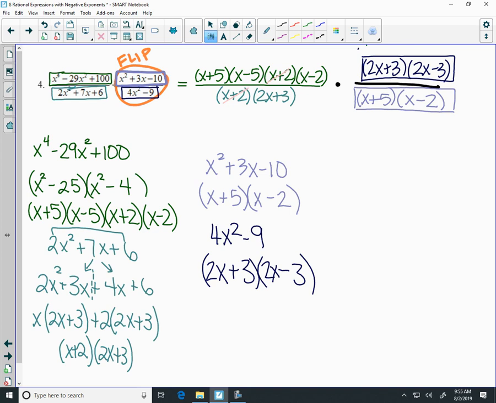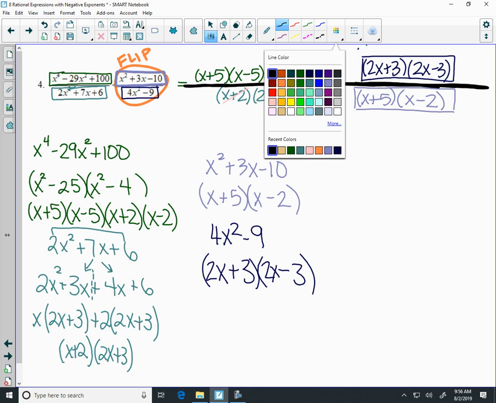Since these two fractions are being multiplied together, we don't really need that multiplication symbol. We can just treat this as one big fraction. We don't have any addition symbols outside our parentheses, so we can just cancel. Anything you see on top that you see on bottom as well is going to cancel because they make 1.